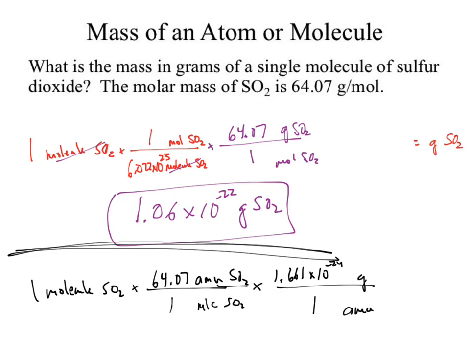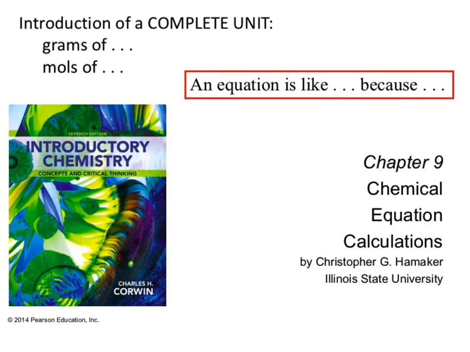Before we take off, we're now going to move into chapter 9, which is chemical equations. All the stuff we just did in chapter 8, we do again in chapter 9. Chapter 9 just brings in the concept of chemical equations. So now I'm not looking at atoms within a formula. I'm looking at how one molecule can be converted into another through a chemical equation.